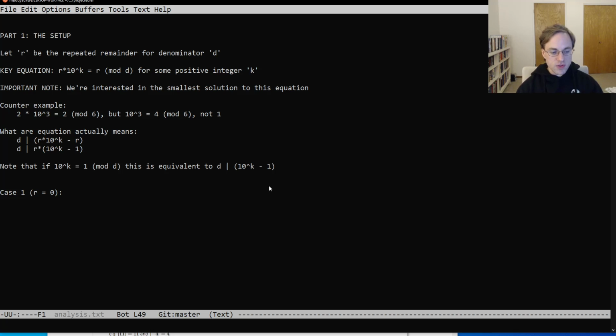You'll notice also that we're not particularly concerned with the case where r is equal to 0, because that means that the decimal expansion ends in a cycle which is only length 1. So we'll just say this case has cycle length 1 and is just 0 repeated forever.